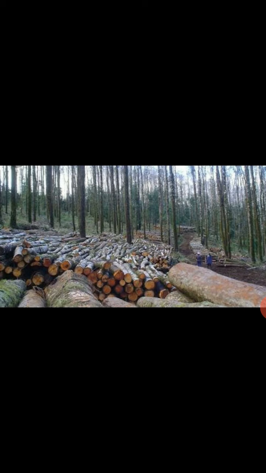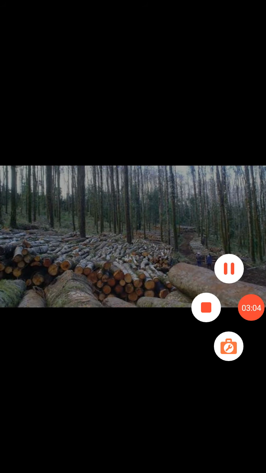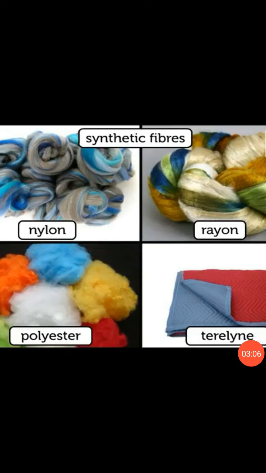Now moving to our next point, that is synthetic fibers or thread. So synthetic fibers means what, students? Artificial threads, artificial yarns. From the time it was first thought that artificial yarn could be produced to meet the clothing needs of an increasing population.